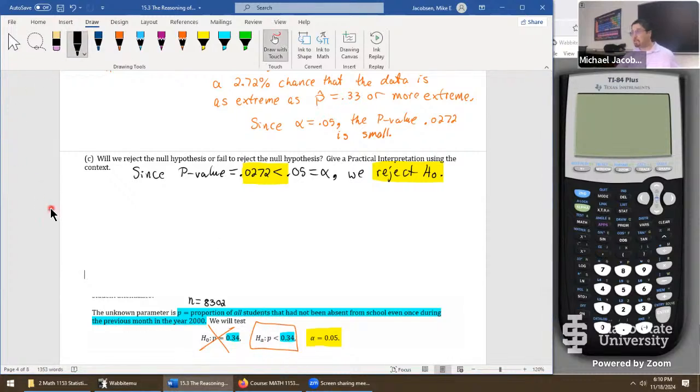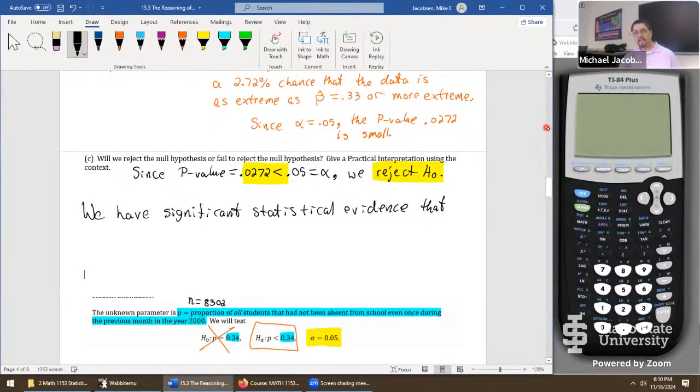Let's begin by saying we have significant statistical evidence that, and this goes very similar to confidence interval conclusions. We're saying we have significant evidence because we did reject the null hypothesis. So we have evidence in favor of the alternative. And we just read out what this says.